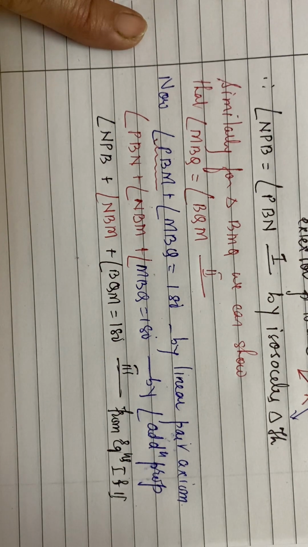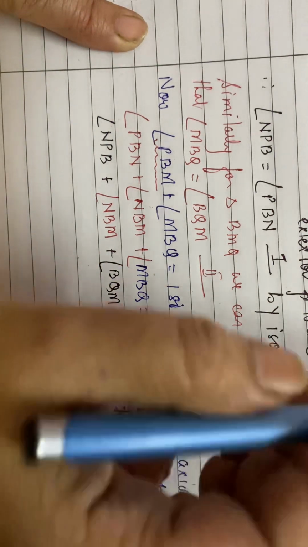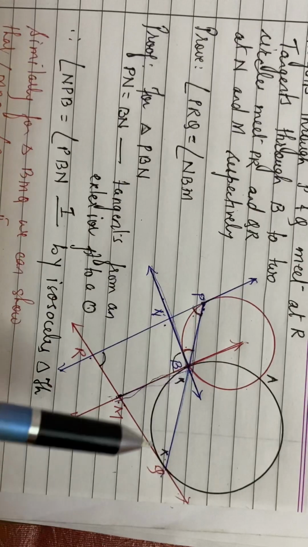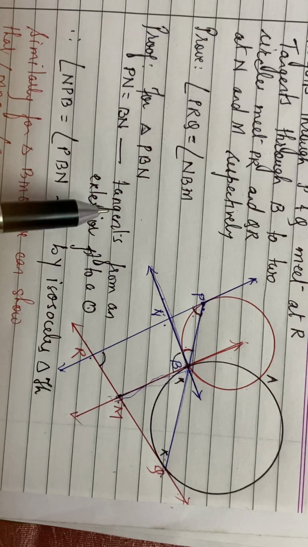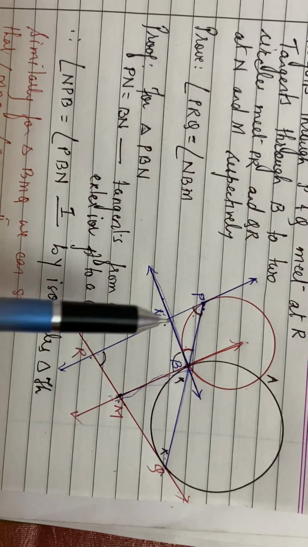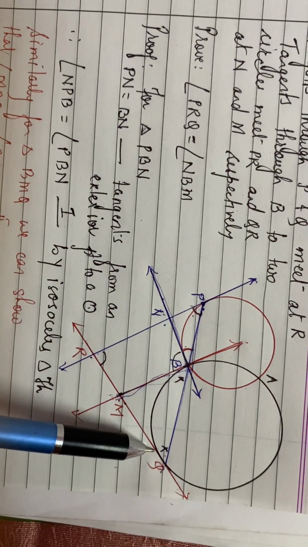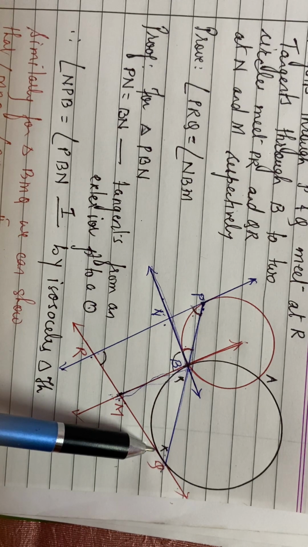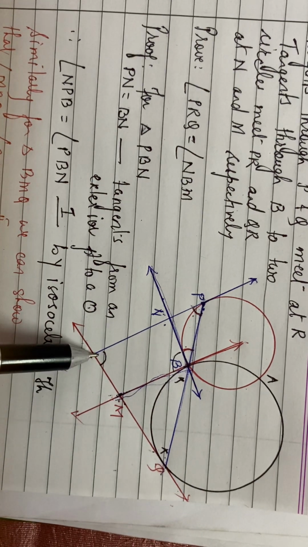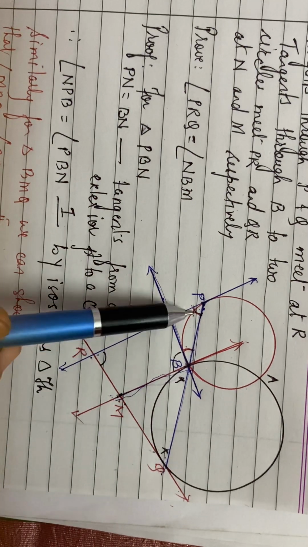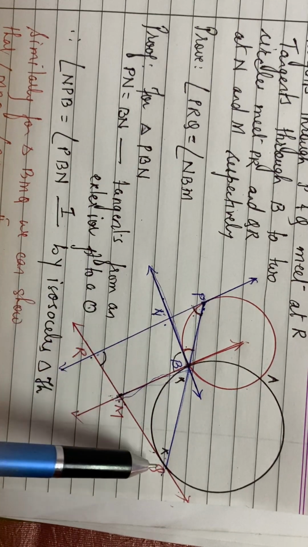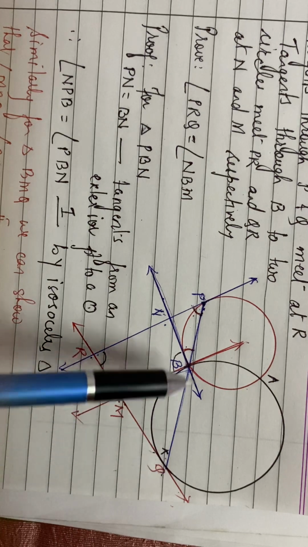I'll take now this triangle PQR. In this triangle PQR, we have angle R plus angle P plus angle Q is equal to 180. Angle R means angle PRQ, angle P means angle RPQ, and angle RQP.